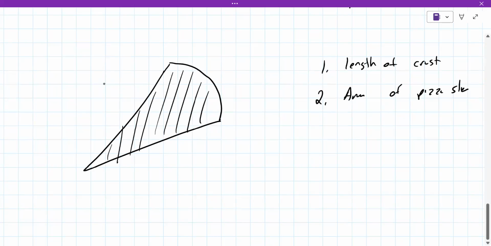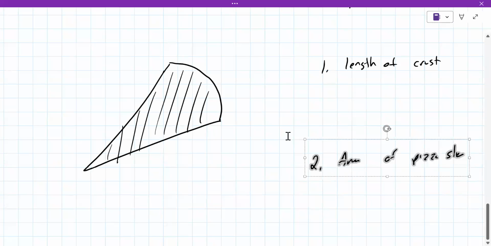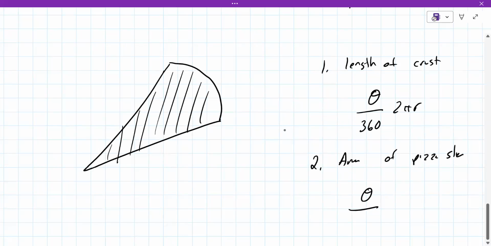Okay, so there are two formulas, and they're really similar. And I think if you see them together, you'll appreciate it here. So the length of the crust is angle over 360, 2 pi r, and the area is the angle over 360 pi r squared.